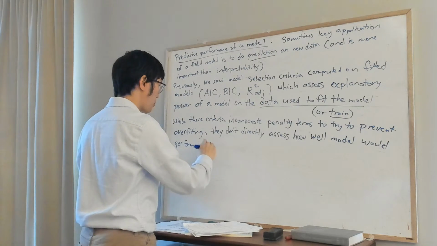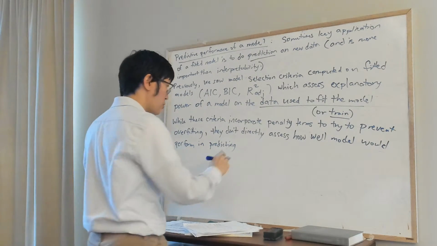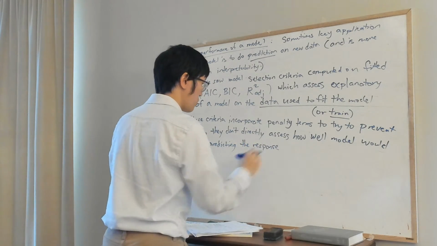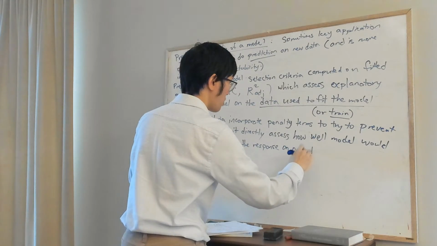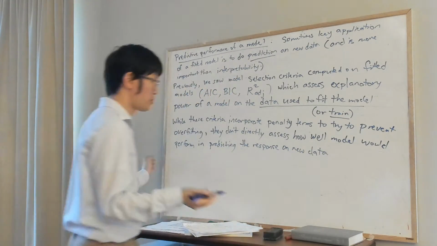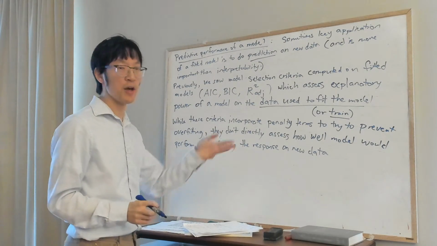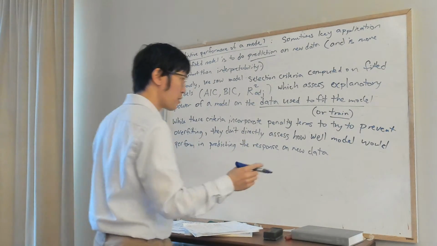To be specific, when we want to predict the response variable on new data, given the predictors, we're going to know the x variables, but we won't have y on the new data.